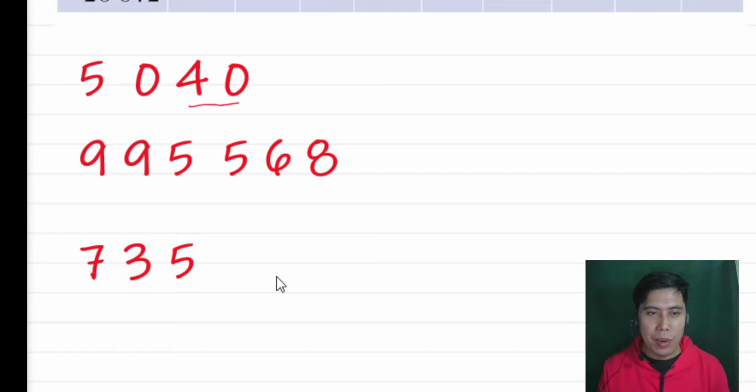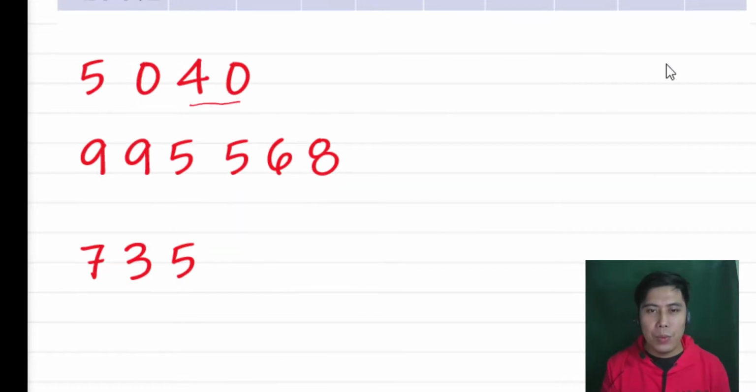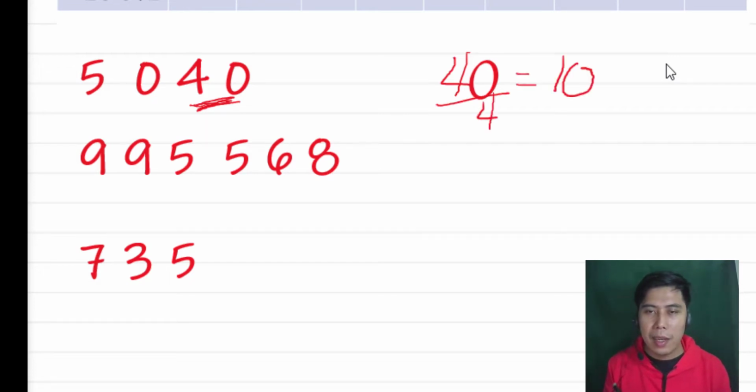Say for this number, 5,040, we just have to look at the last two digits, that is 4 and 0. According to the rule, if the last two digits form a number that is a multiple of or can be divided by 4, then we can say that a number is divisible by 4. So since 40 is a multiple of 4, or it can be divided by 4, 10 without remainder.